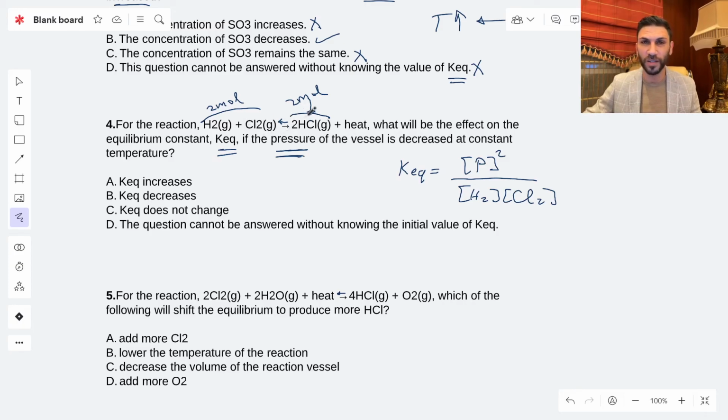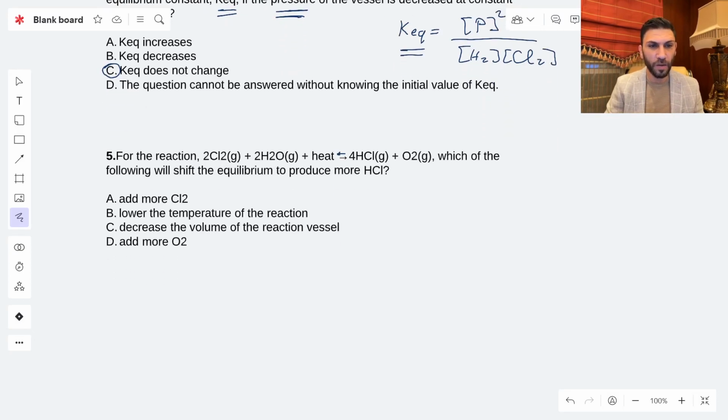If you reduce it, nothing will happen because the pressure here equals the pressure in the products. So it will not affect the concentration. And of course, as we studied before, KEQ is only related to the temperature, not to the pressure. So KEQ will remain the same. There is no change in KEQ.